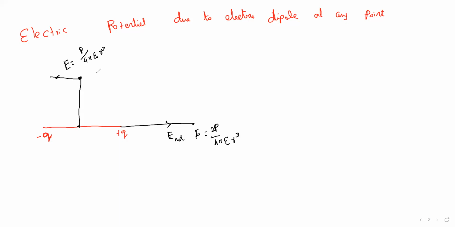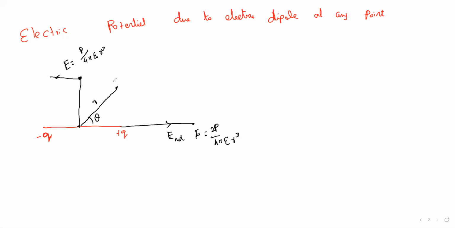But we can also find the electric field intensity at any point. For example, if you want to find the electric field intensity at this point, and this point is at a distance of r and the angle is theta, then to represent any point from the electric dipole, two things are required.